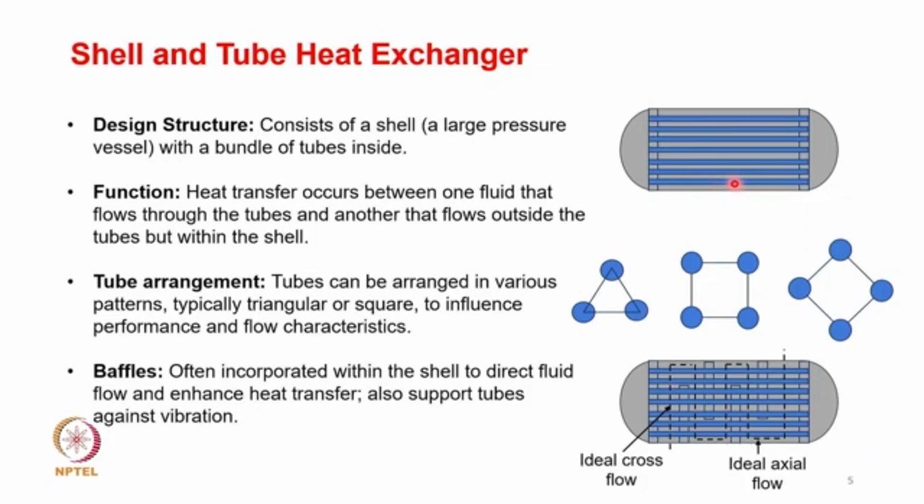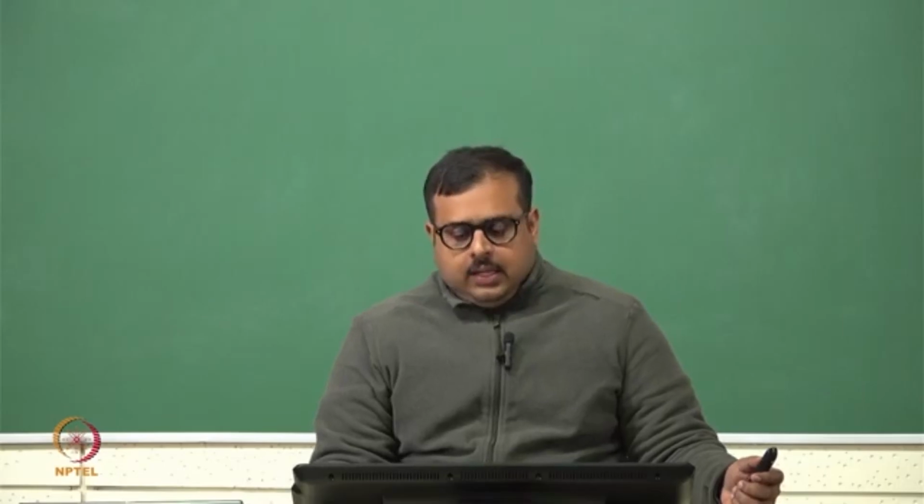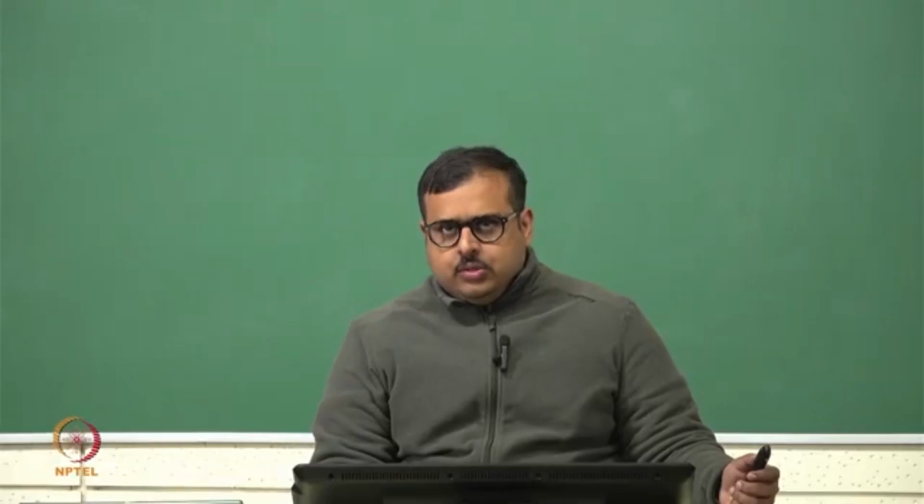There are various ways in which you could arrange these tubes, and that is typically known as tube pitch. The tubes are arranged in certain bundles, and you can't stack the tubes together without spacing. Why? Because then there is no space for the shell fluid to pass through. So there would be some spacing, and there are certain standard patterns in which these tubes are arranged.